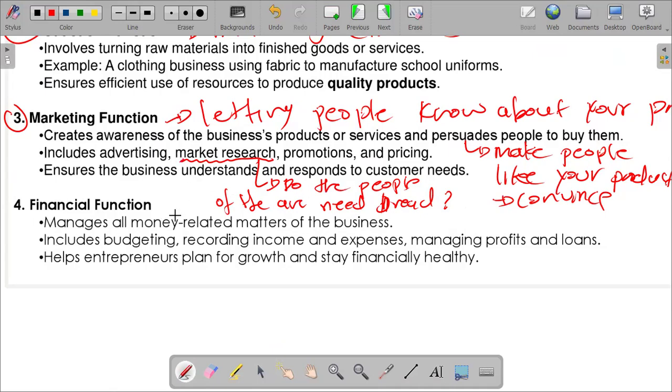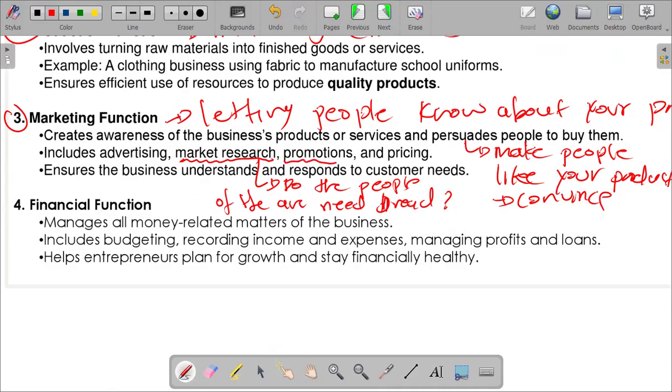Making sure that you understand, what do the people of the area that you want to sell, what do they need? Do they really need? Is it a necessity? Meaning, do they go far away? Like, for instance, if you live in an area where there's no petrol, it means that that area is a need to have a petrol station. So you do your market research, right? Can or will you be able to sell that product?